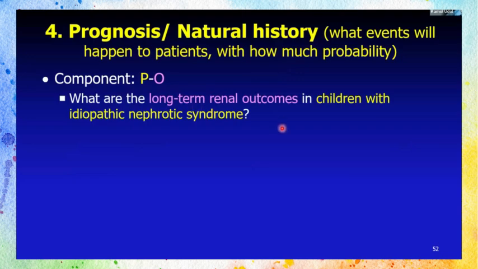What are the long-term renal outcomes in children with idiopathic nephrotic syndrome? No hypothesis to test, just want to know the fact. Target population, children with idiopathic nephrotic syndrome. Outcome, long-term renal outcomes. Need more clarification what these outcomes are.